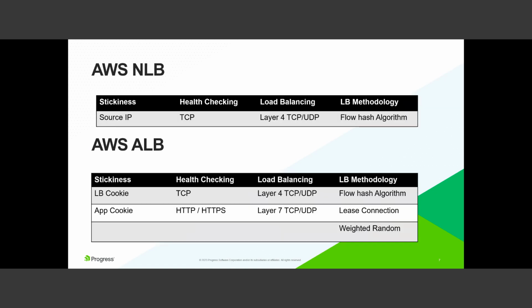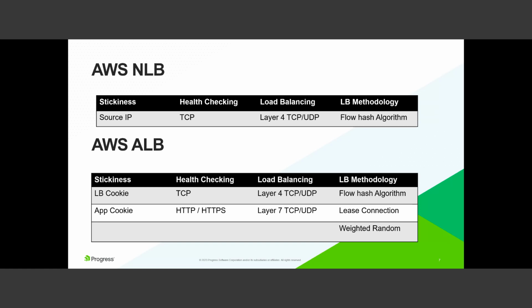So now examining the AWS NLB and ALB in a little bit more depth. The NLB is going to be predominantly used if you need load balancing at layer 4. So this is not going to give you any of the layer 7 functionalities, but it's going to provide you with really fast speeds.